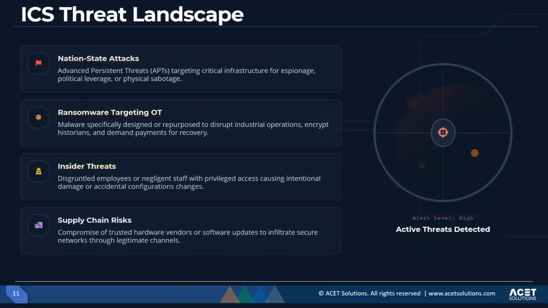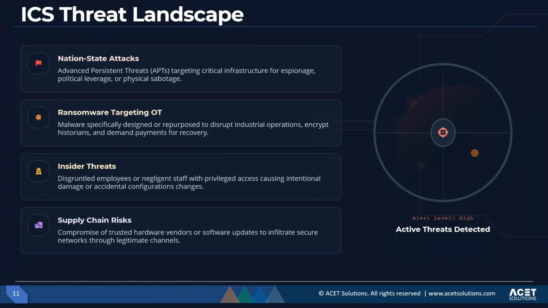ICS threat landscape. So, what is the ICS threat landscape? Is it real or just hypothetical? Well, the threat landscape facing ICS environments is no longer hypothetical or something we talk about in theory. It is real, active, and evolves quickly.